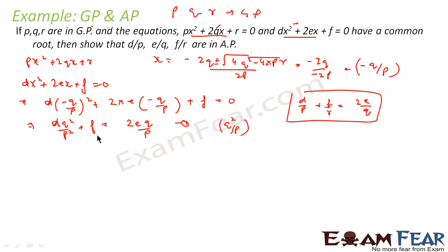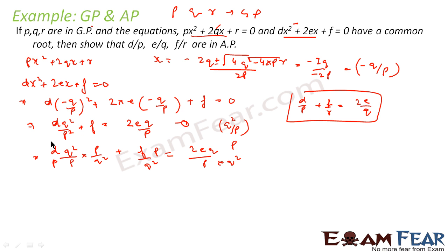If you divide by q square by p, this becomes d by p. So we get d q square by p square, divided by q square by p, plus f divided by q square by p, is equal to 2e q by p, divided by q square by p.